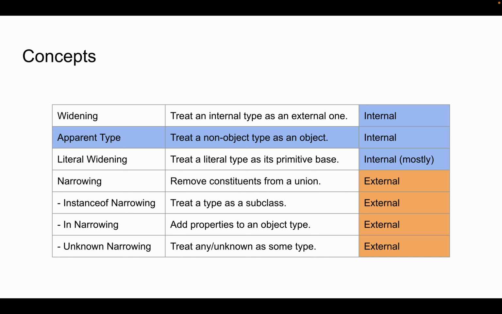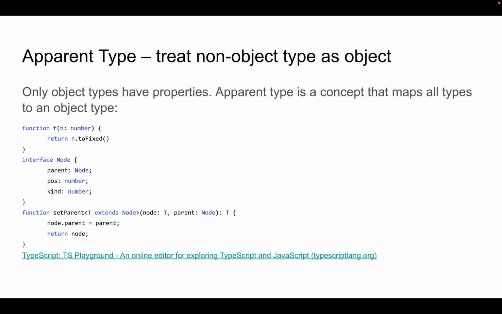All right, the next concept is also internal. It lets you treat a non-object type as an object. That's kind of an odd concept, and this is an ad hoc thing. It's part of the compiler because we need it, and it doesn't necessarily make any sort of set theory sense.